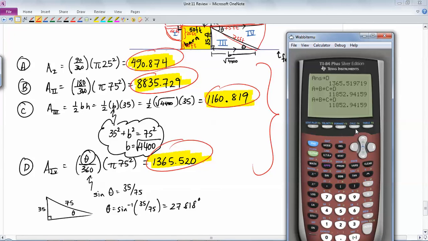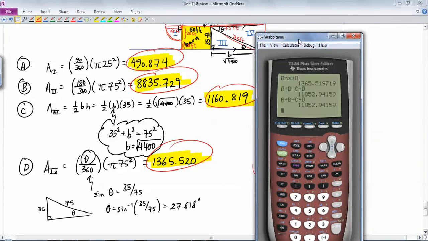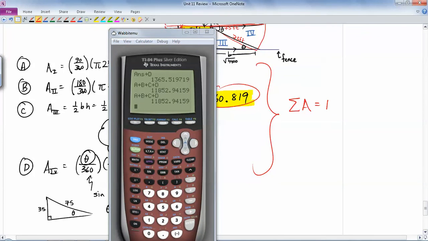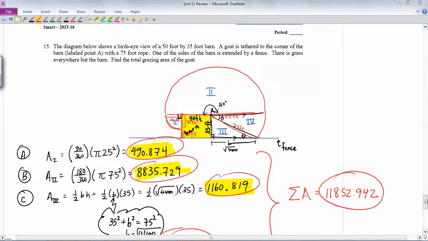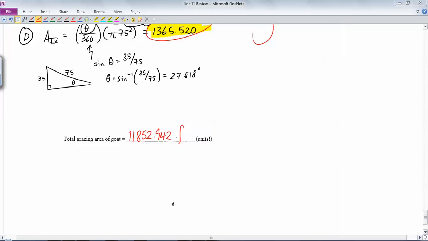Yep, pretty sure I did. So 11,852.942. And that's what we'll put down here. 11,852.942. And I think I was using feet up here, so this is square feet.